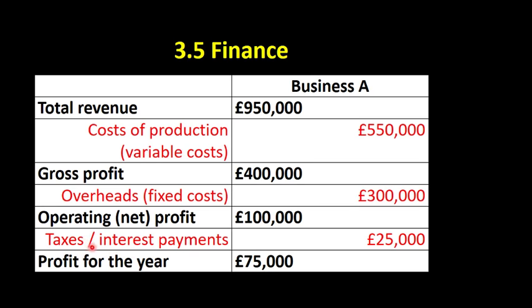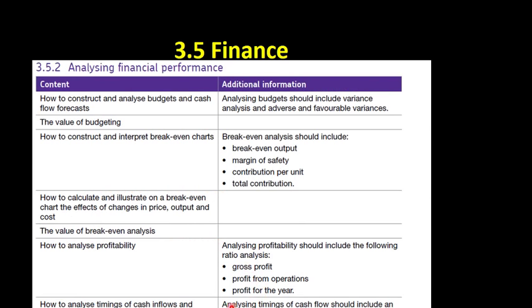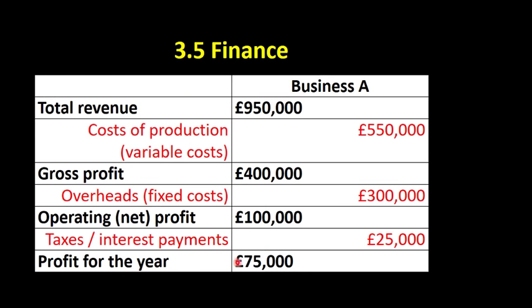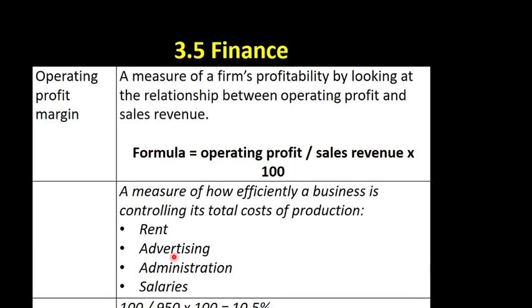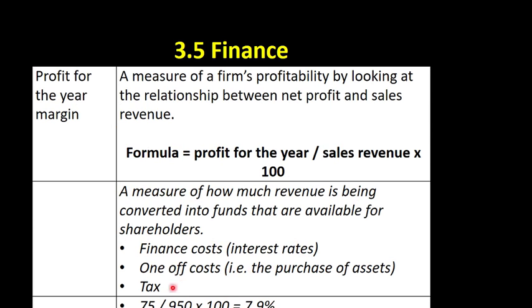The final figure that you need to know is the profit for the year ratio. And the profit for the year is calculated after we've got our operating profit. Then we might take tax, interest payment, and any other one-off costs that occur, i.e. the purchase of assets or the sale of assets, that could add or subtract from our profit for the year.